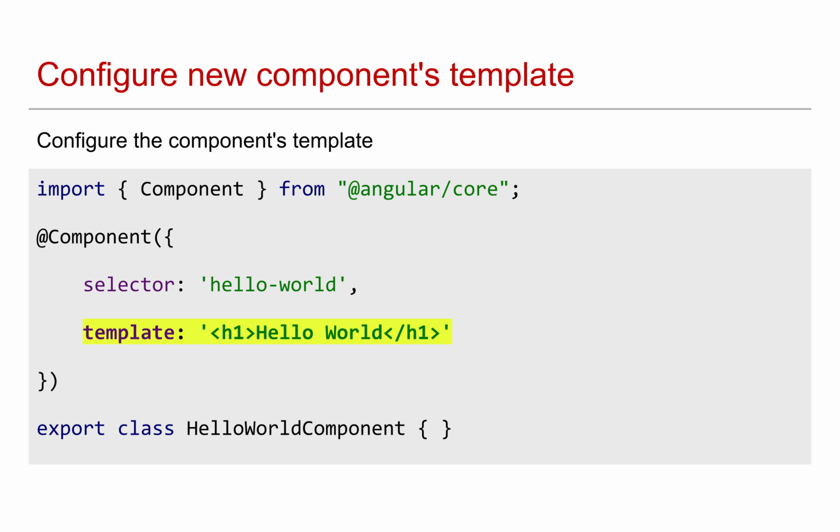If this is more than one line of HTML, you can escape it by putting a backward quote, and you can have multiple lines of HTML. Not that you would want to do that, but you can. You can escape lots and lots of HTML in a single entry point in template. So we're not going to be using this implementation of using template. Instead, we're going to be using template URL and pointing it to a separate file.